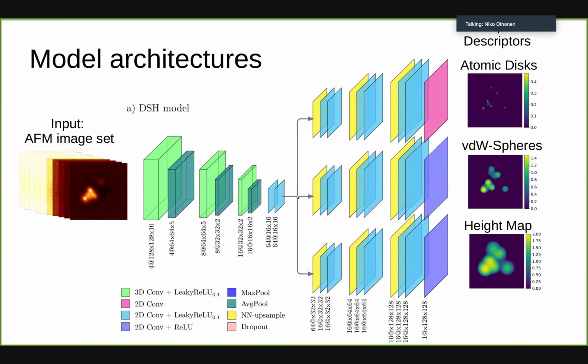This more abstract representation is then decoded into the three different descriptors that we use. The decoding works such that there are three stages where at each stage we upsample the image back into a bigger size, and there are some more convolution layers in between, so that finally at the end comes out the descriptor that we want to predict.